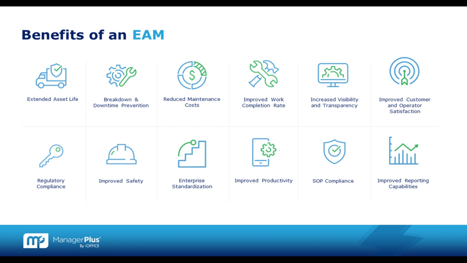So we're trying to reduce costs, we're trying to prevent breakdown. But an organization generally needs much more in order to be successful, especially when you're trying to be competitive in the market. So things like on the right-hand side there, things like improved customer and operational satisfaction leads to a better product and more confidence in your organization.